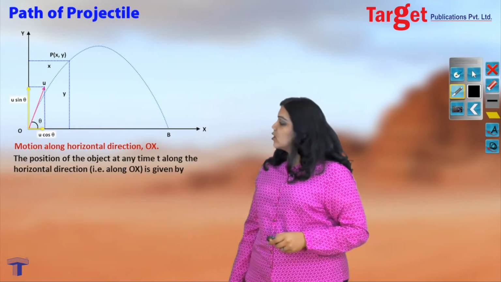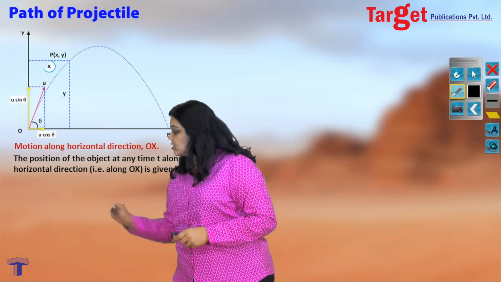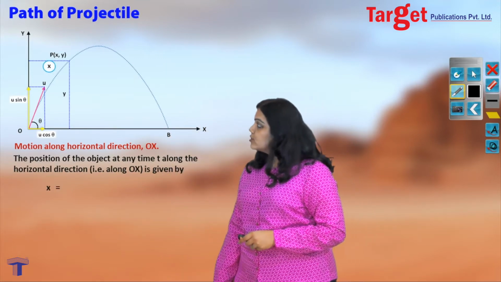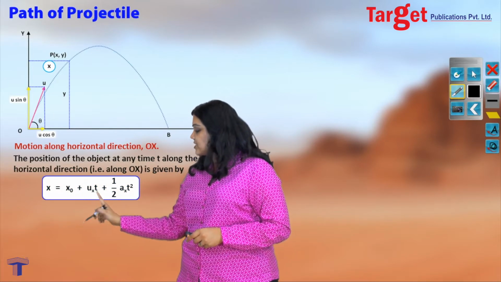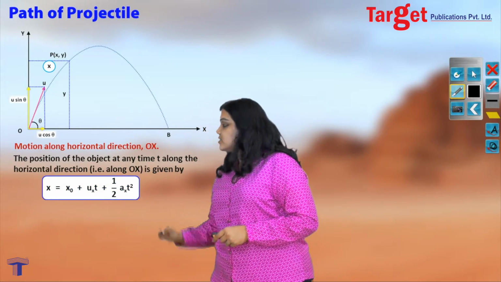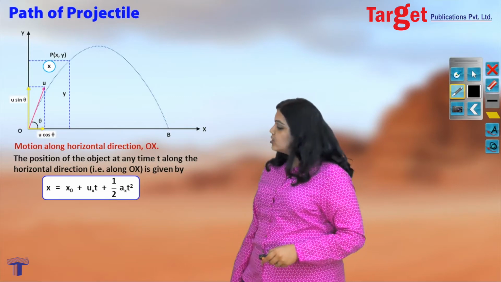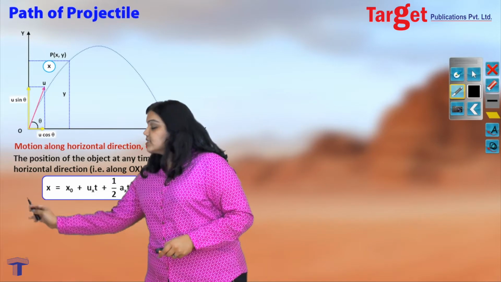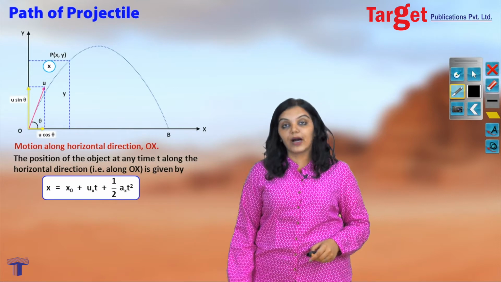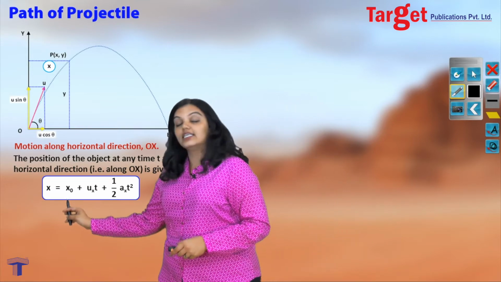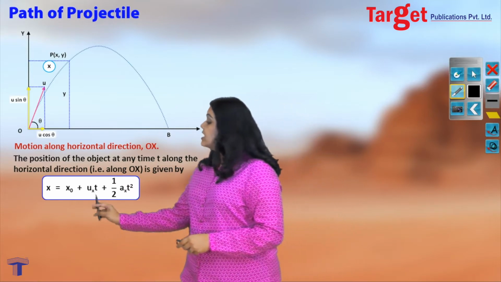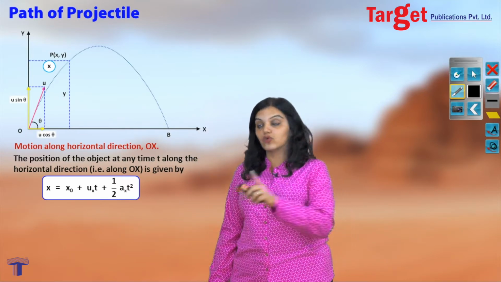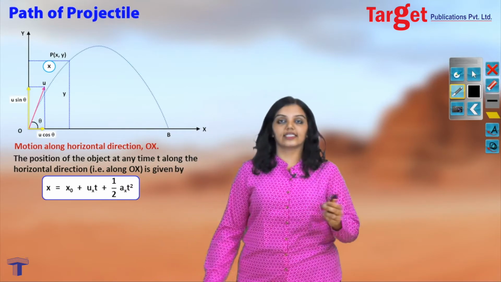If I write down the equation only for the x direction, this is what it looks like: x is equal to x naught plus ux t plus half ax t squared. Now, pay careful attention. x is the final displacement of the particle, x naught is the initial displacement, ux is the initial velocity, t is the time taken for the motion, and ax is the acceleration.